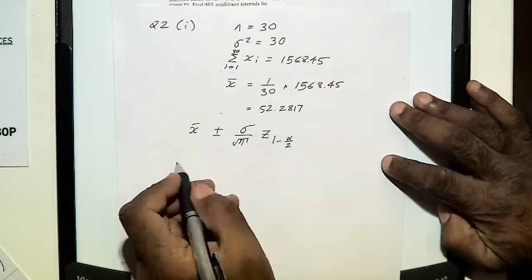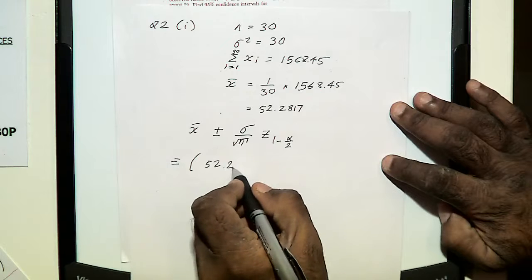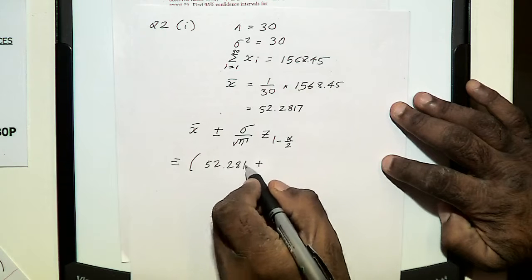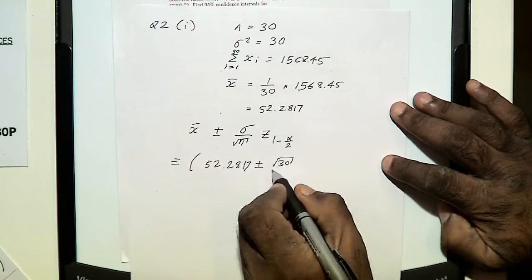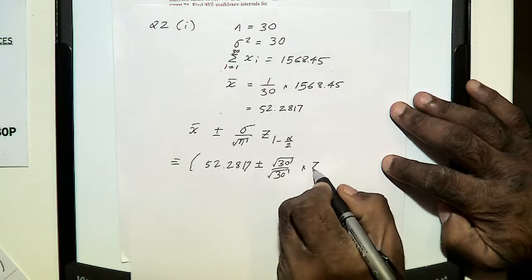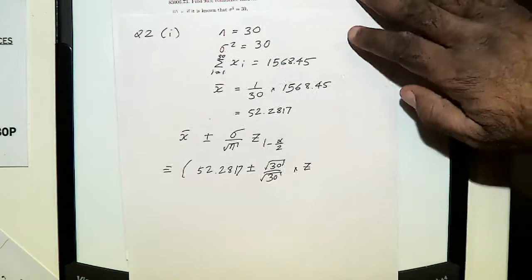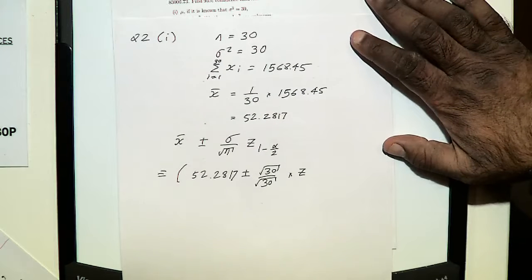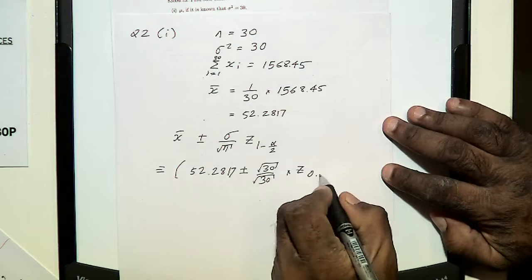So this is 52.2817 plus or minus sigma over square root of 30, n is also 30, times z. We are looking for 95%, so that means this would be 0.975.